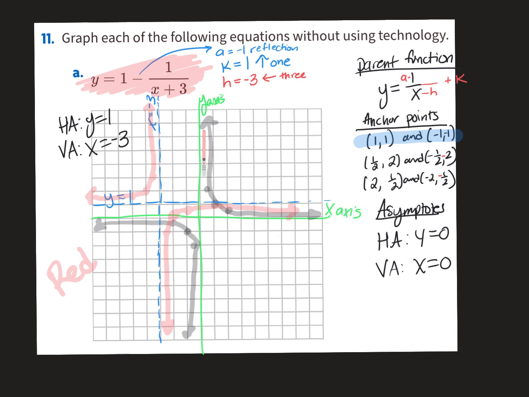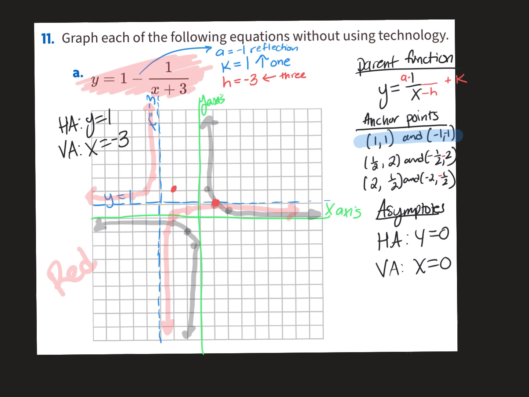Now let's look at the other parent function right here. This is 1 and 1 away from the asymptotes. So now in my new graph, it's 1 and 1 away. But since it's reflected, I'm going to reflect it on the x-axis. It ends up here. All right, I got a suggestion to write it as I'm saying it. So I went from this point right here on my parent function, 1, 1, shifting it from my asymptote to here, right?